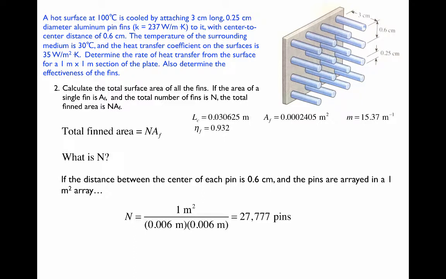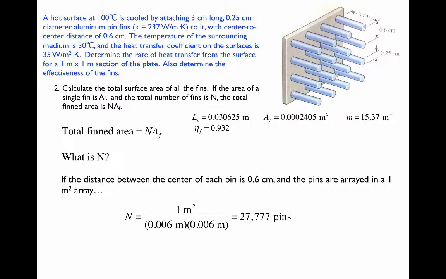Then the total number of pins is 1 square meter divided by the square of the spacing, 0.006 meters squared. This gives us 27,777 pins, rounded to a whole number, and it's a lot of pins.